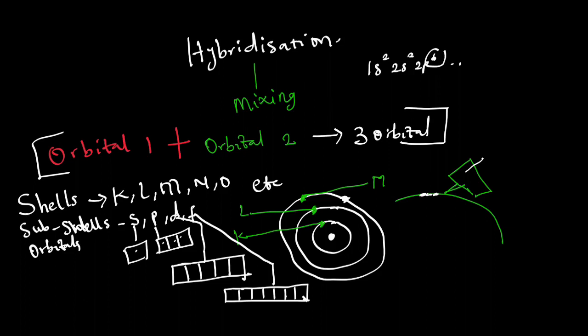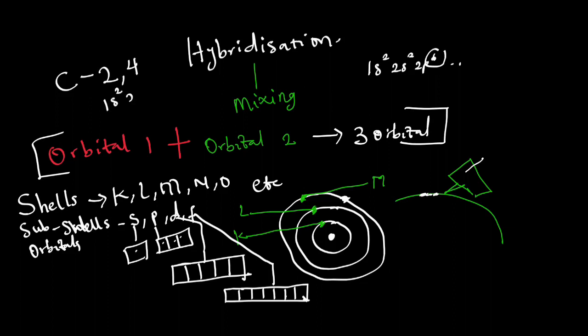So this hybridization, if for instance, let's take carbon, since we're talking about carbon mainly. What's the atomic number of carbon? 6, isn't it? So we can write it according to shell configuration as 2, 4.